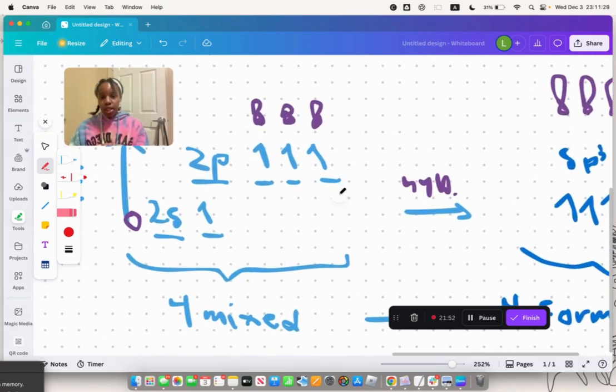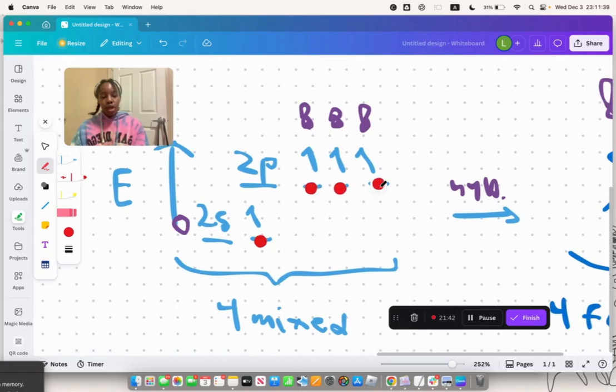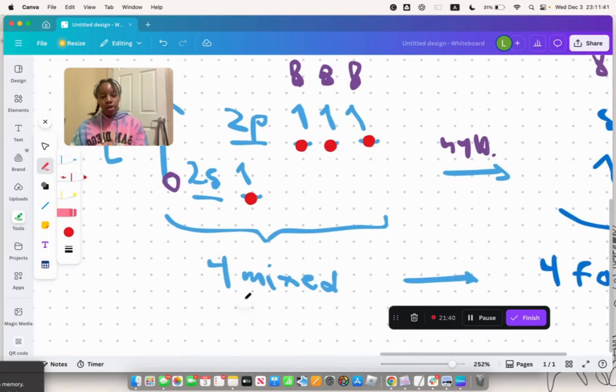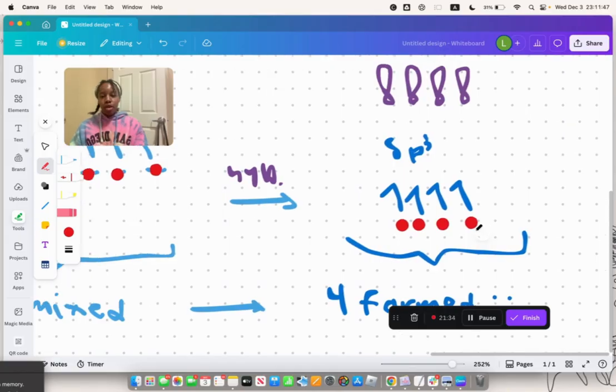As we can see here, we are taking a 2s orbital, and we're taking three 2p orbitals, combining them together, and we're going to make 1, 2, 3, 4 sp3 orbitals.